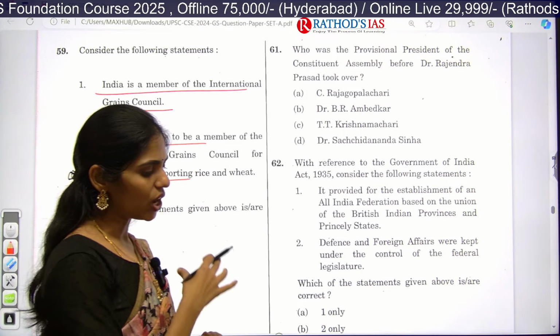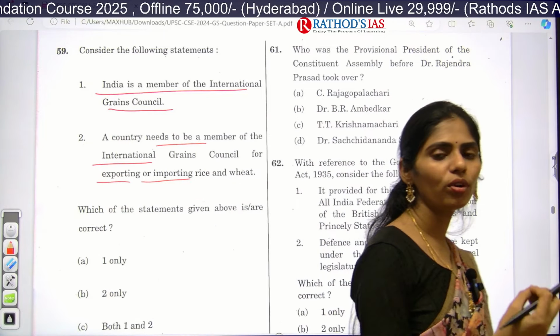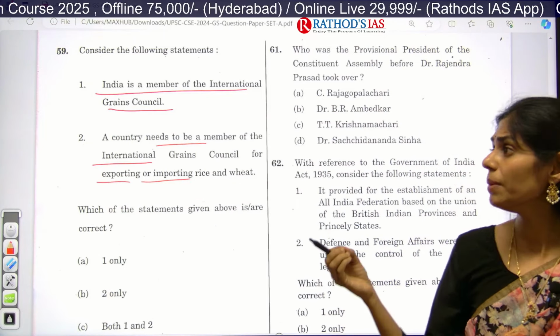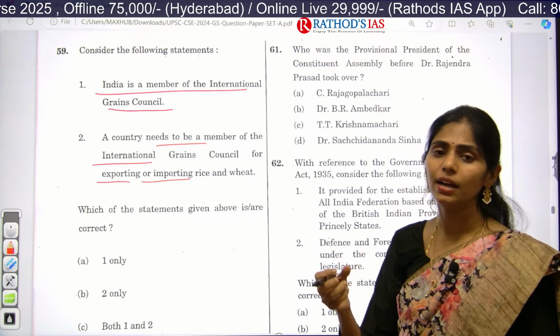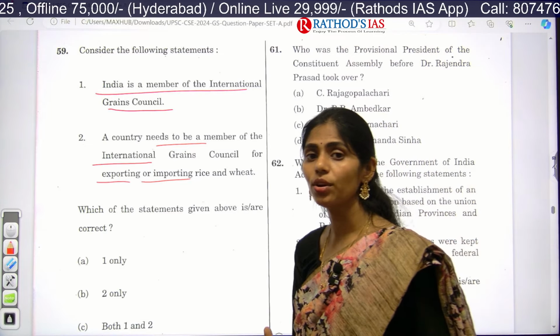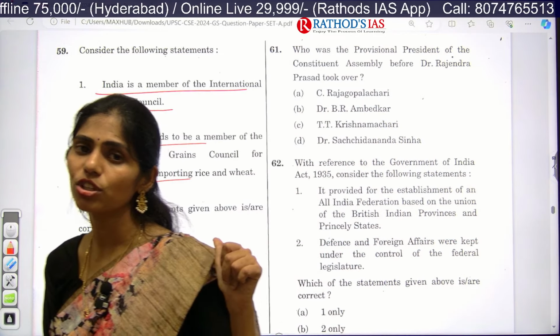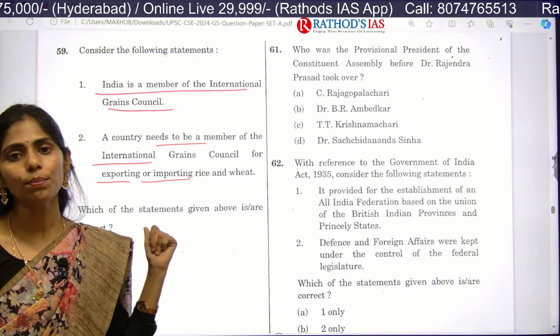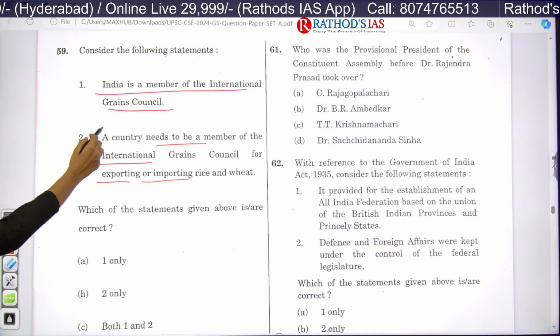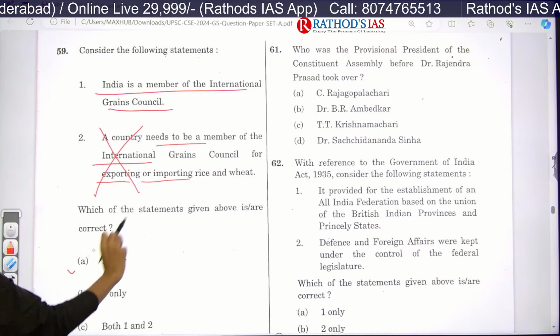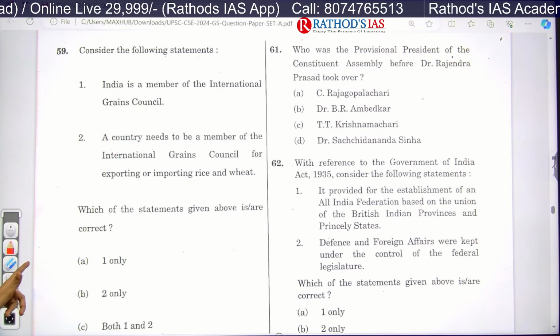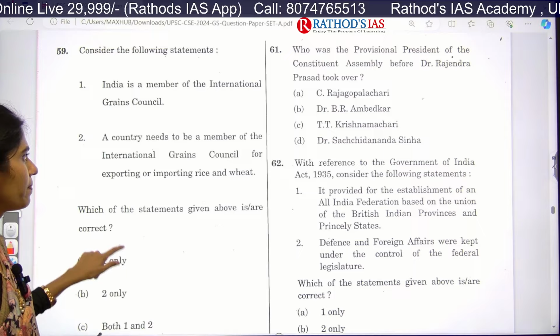Actually this council is not giving permission for importing and exporting, but they deal with market stability, prices and food security. It does not focus on giving licenses for importing or exporting. So you can eliminate this second statement. So A, 1 only is the correct answer for this 59th question.